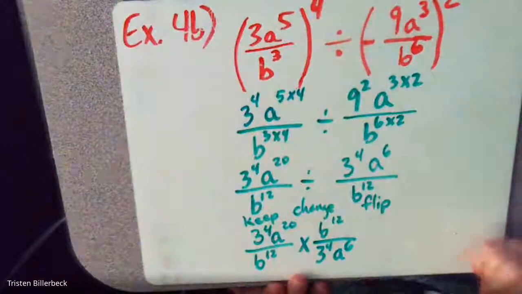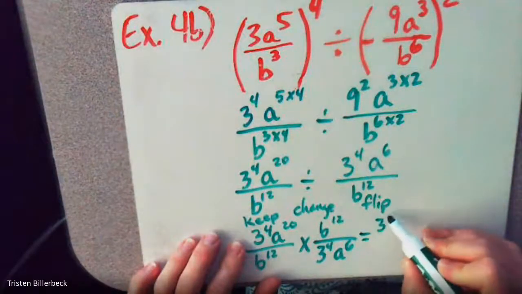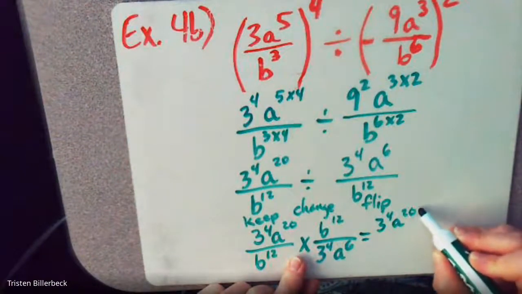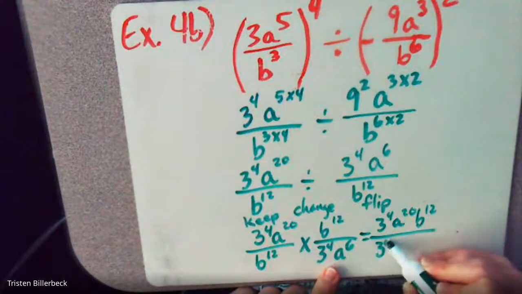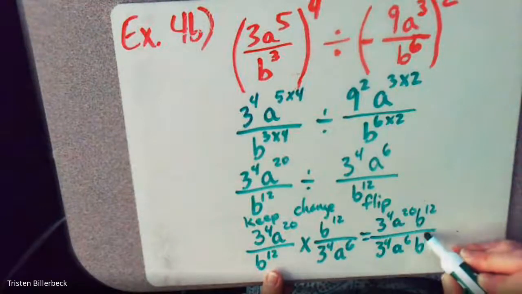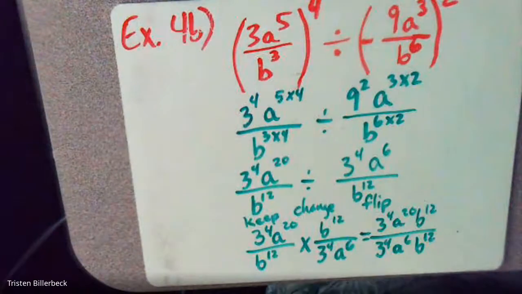Okay, so we just flip that. So now when we multiply this out, we have 3 to the 4th, a to the 20th, b to the 12th, over 3 to the 4th, a to the 6th, and b to the 12th. Aha! This is a much easier problem now.